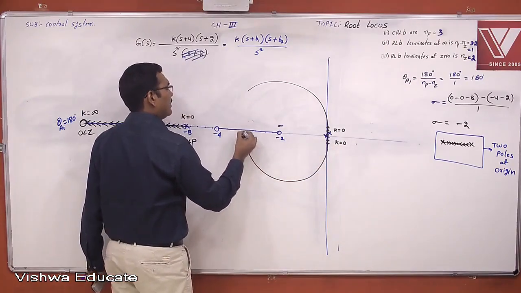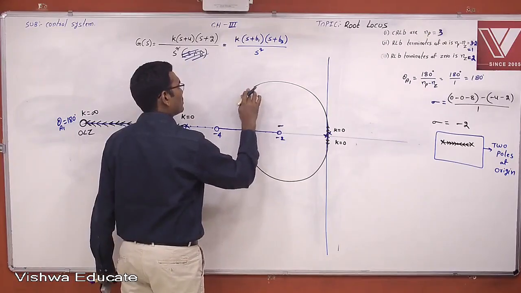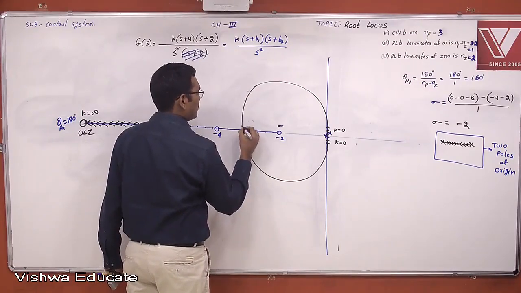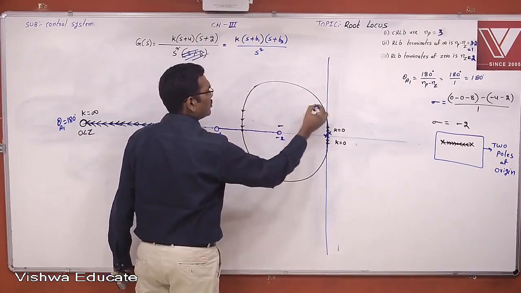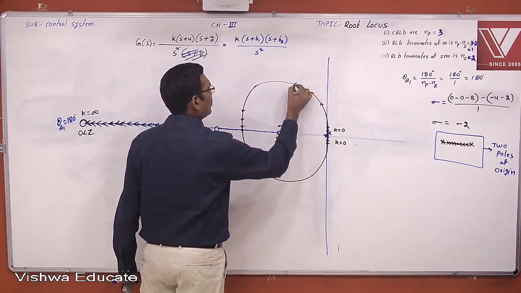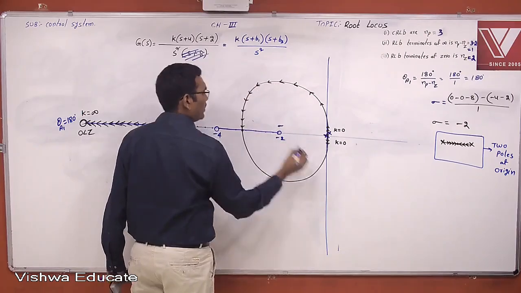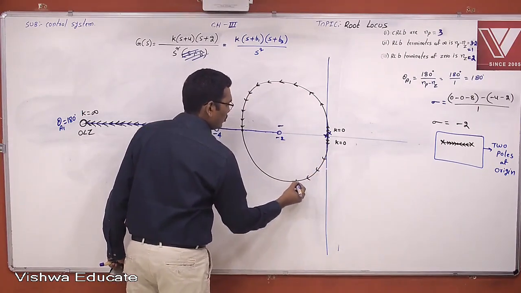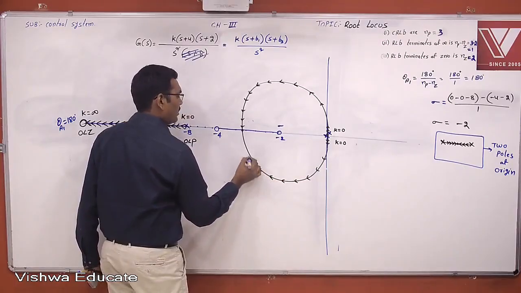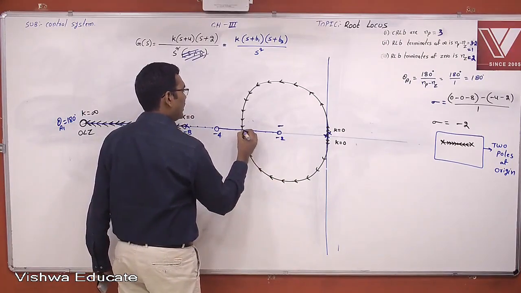Now it will enter into the real axis because now this is the zero, right? As k changes, closed loop pole is moving and enters into the real axis.